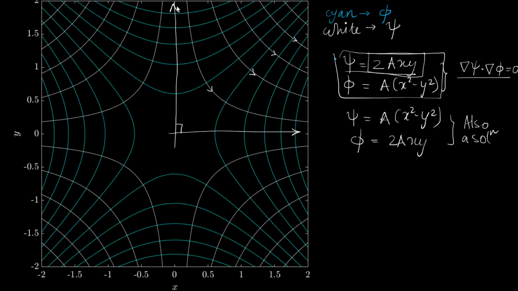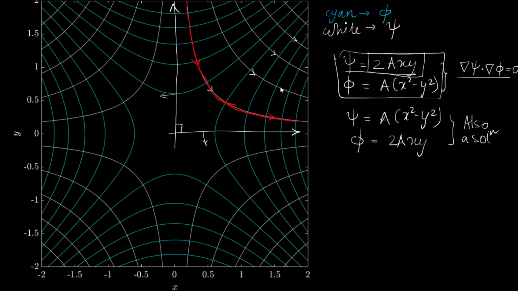So there is no flow which crosses this line. Similarly, there is no flow which crosses this line. So this is the streamline also. We have also shown this in the previous section. So the flow happens like this. So this is the flow in a corner.